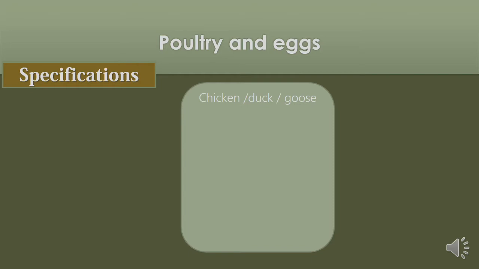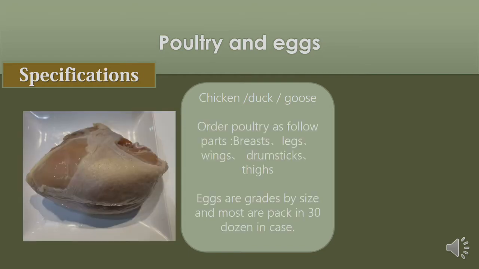Shall we continue with poultry and eggs? Poultry, as we know, is two-legged animals such as chicken, ducks, and goose. Yes, chickens in Taiwan, we always purchase whole, half, or quarter, as well as duck and goose. And then we will choose the part.